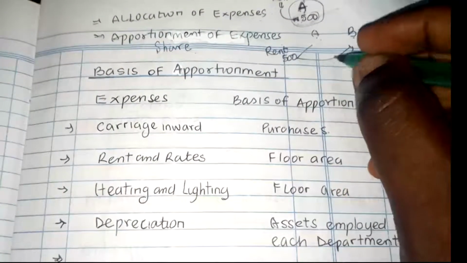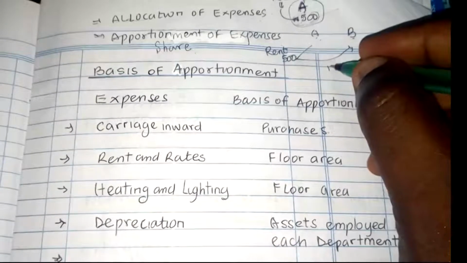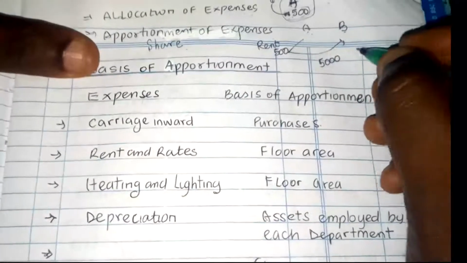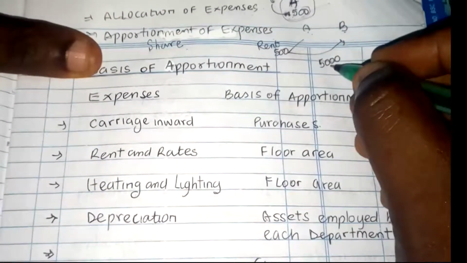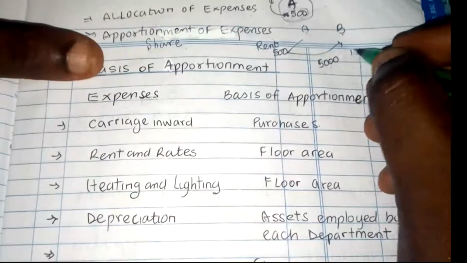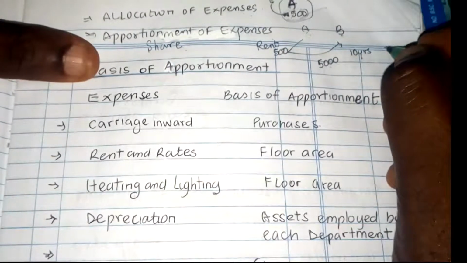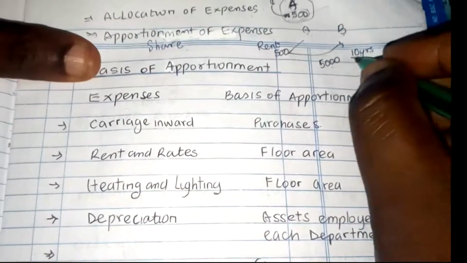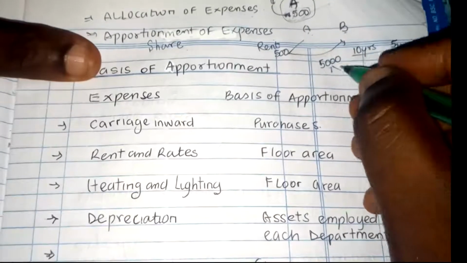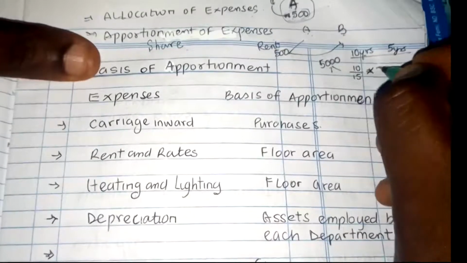Then rents and rates that are incurred by more than one department, we can use the floor area. Then heating and lighting, you can also use the floor area to share these expenses between departments, say A and B. Depreciation that belongs to A and B, we can use the assets employed by each department.